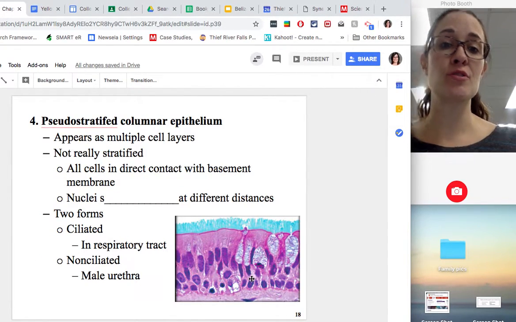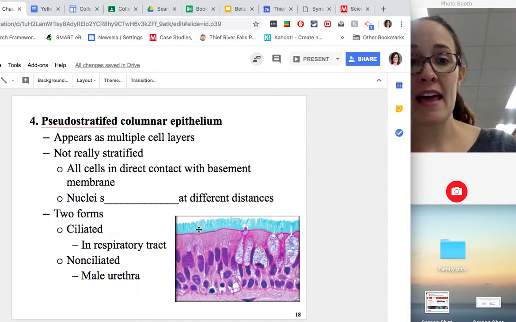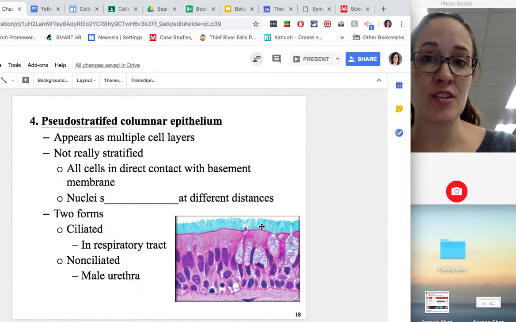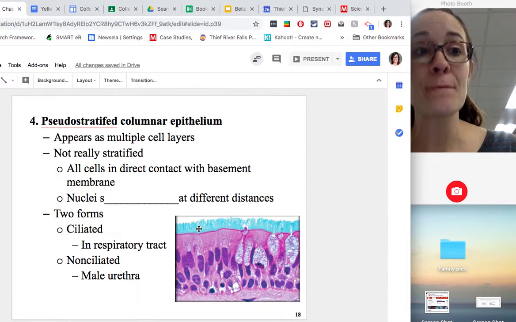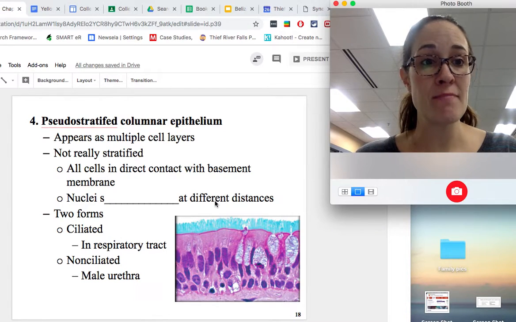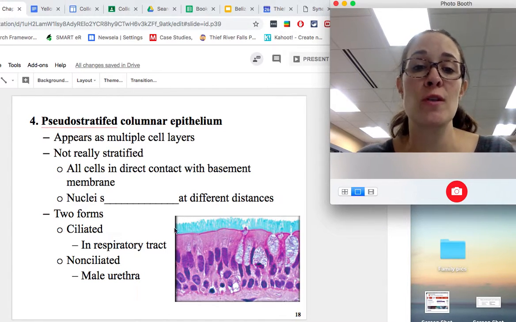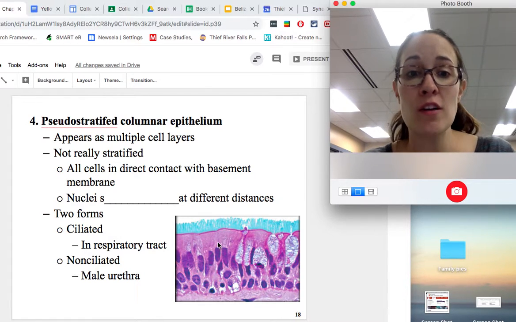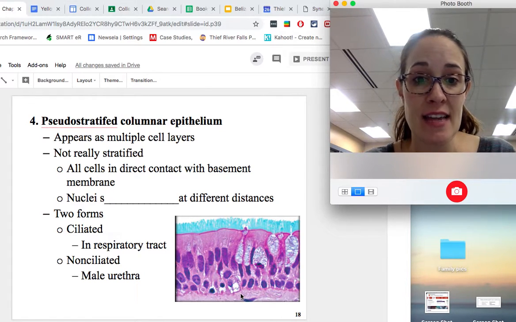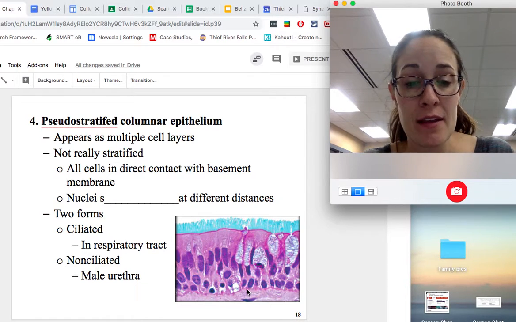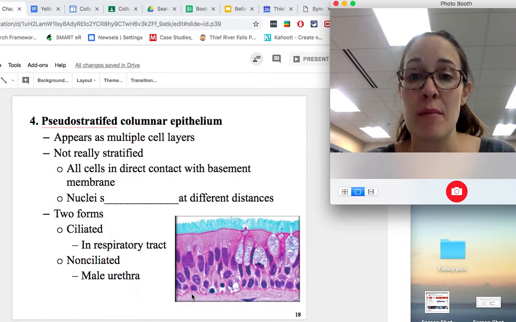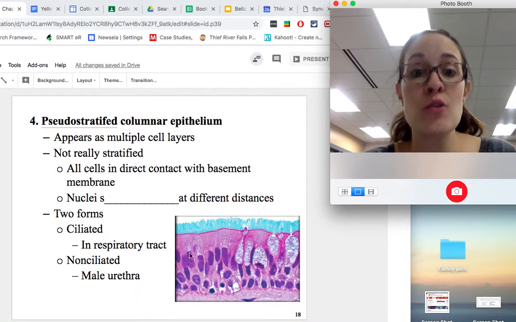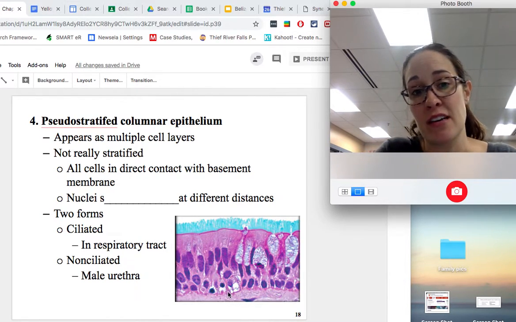The next type is called pseudostratified. Highlighted in this picture is actually the cilia, so from this little wavy line up is the pseudostratified. Pseudo means fake, so it looks like it's stratified, although it's not. All of the cells are in direct contact with this line down here called the basement membrane, and the nuclei are scattered at different distances.